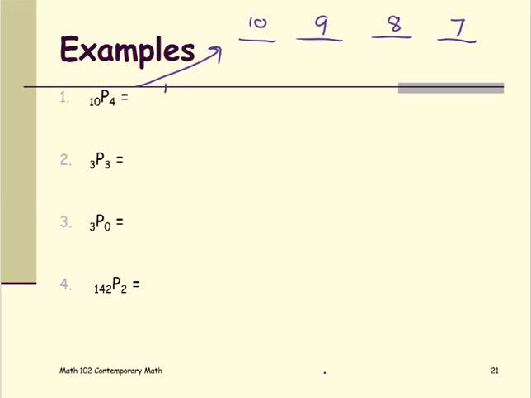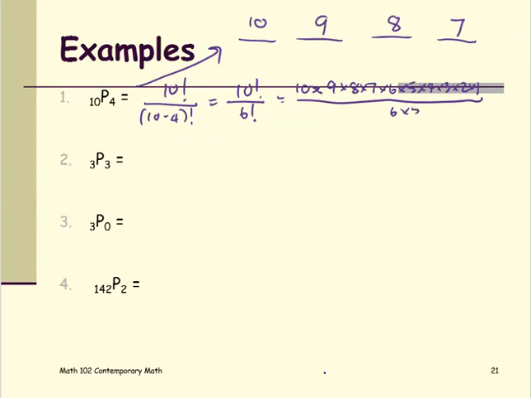If you want to write it as a formula, it's going to be 10 factorial divided by 10 minus 4 factorial, or 10 factorial divided by 6 factorial. You do it manually, expanding by hand, to be 10 times 9 times 8 times 7 times 6 times 5 times 4 times 3 times 2 times 1, all divided by 6 times 5 times 4 times 3 times 2 times 1 from the 6 factorial.